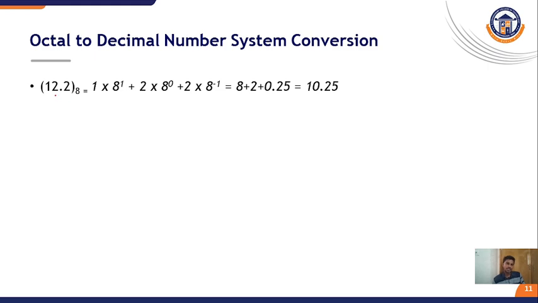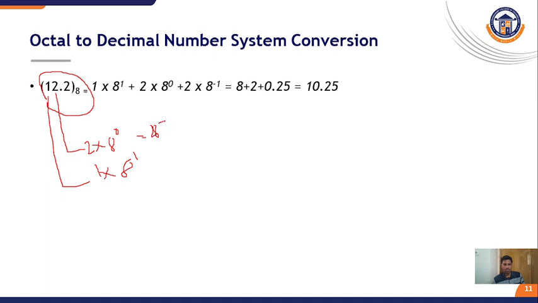Now consider this 12.2 octal number, then we can convert it into a decimal value. Multiply 2 into 8 power 0 and 1 into 8 power 1, which is equal to 8. 8 power 0 is 1, so 2 into 1 is 2, and 1 into 8 power 1 is 8.